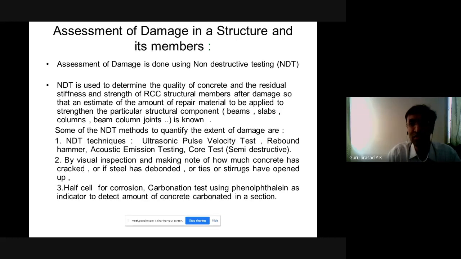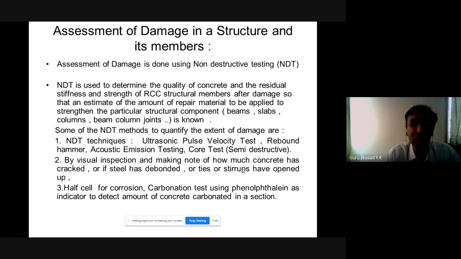In the case of thin film coatings given to metal members, it is used to find out the thickness of the film coated on metal members, and whether the film exists or not. Those films may be provided for protection purposes in mechanical engineering. At the moment, I would not like to get into that. I would like to talk with respect to reinforced concrete structures and the civil engineering part here.